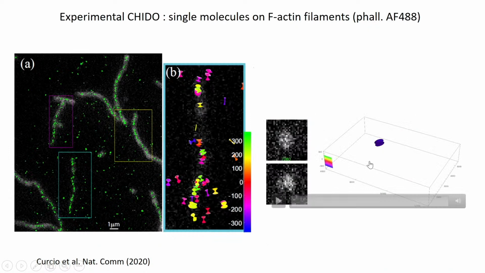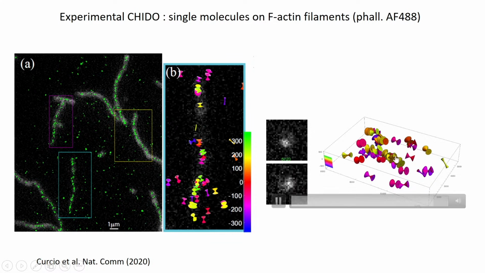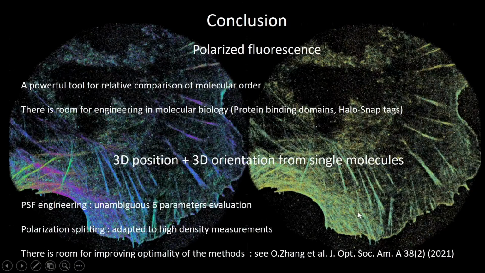And globally, we have started measuring using this method on single filaments to observe that single molecules could be encoded both in position, in angle, 3-dimensional orientation, in wobbling, and in 3-dimensional position as well.